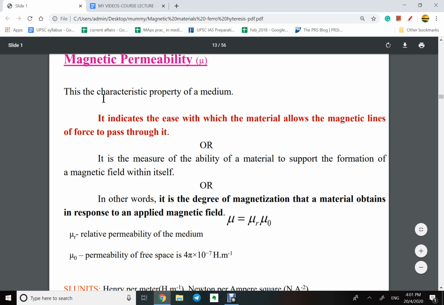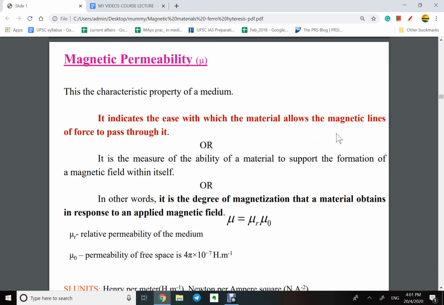Magnetic permeability is the characteristic property of a medium. It indicates the ease with which the material allows magnetic lines of force to pass through it. How much the magnetic lines of force can penetrate into the material. So it is also a measure of the ability of the material to accept the magnetic lines of force or to accept the magnetic field within itself.